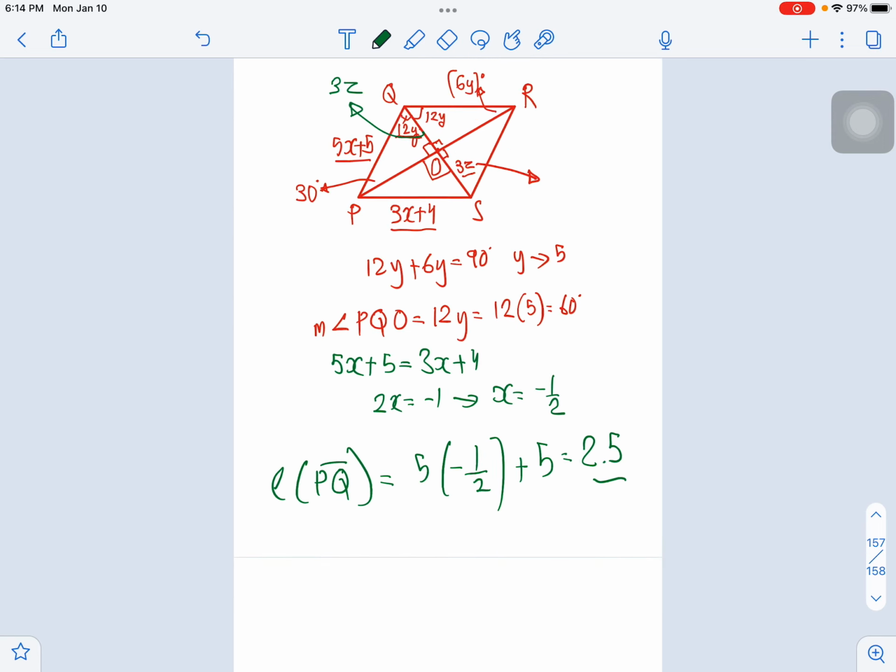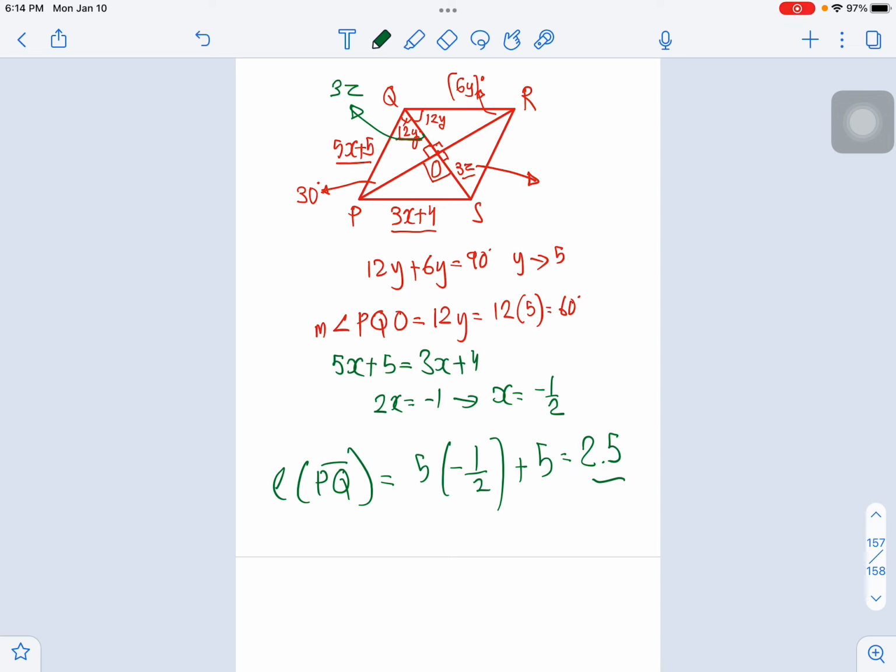Let's go back to triangle POQ. Let me draw it separately. It's a right triangle, right? The hypotenuse is 2.5. This angle is 60 degrees.